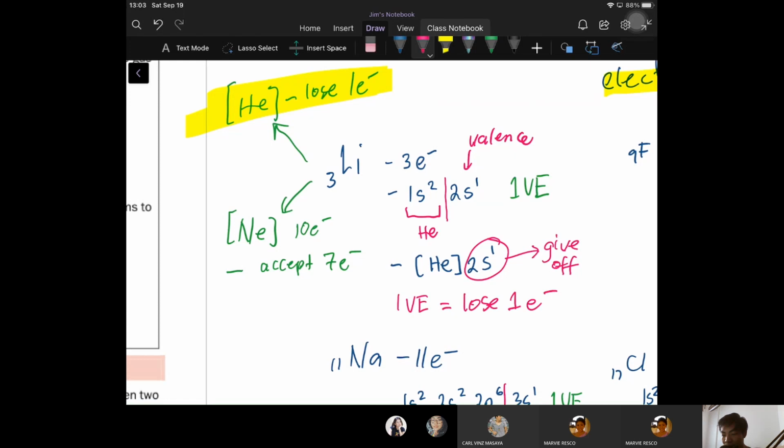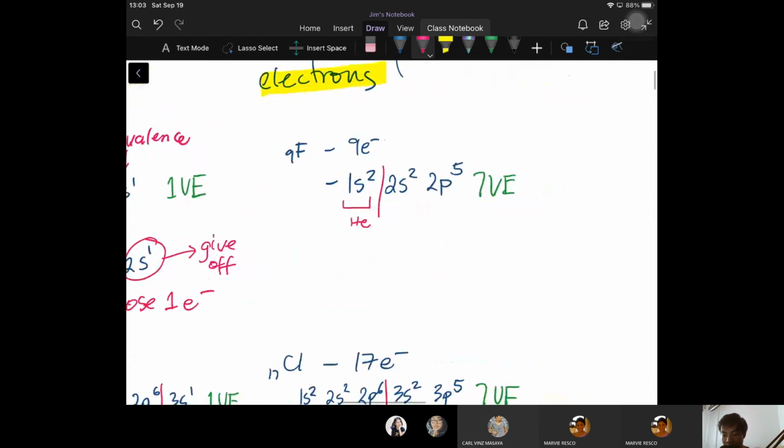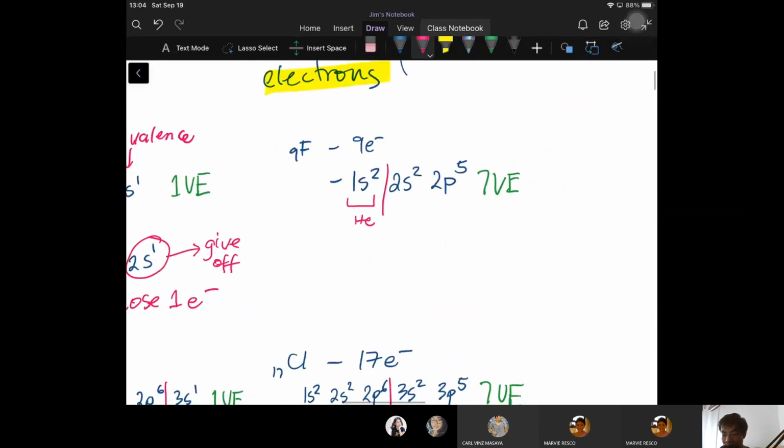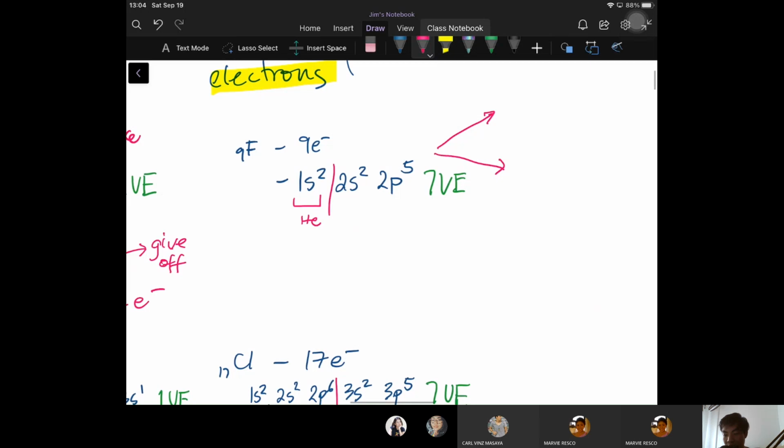So punta tayo dito sa group, sa fluorine. So si fluorine, dalawa lang din yung option niya para siya ay maging noble gas. So ano yung dalawang option niya para maging noble gas? Pwede siya maging helium, pwede siya maging neon. Okay. So si helium, 2 electrons yan.